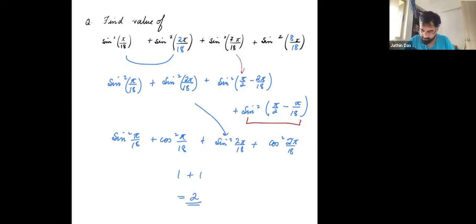Product formulas, all that I have done. Apply the formula comfortably. I will not help.